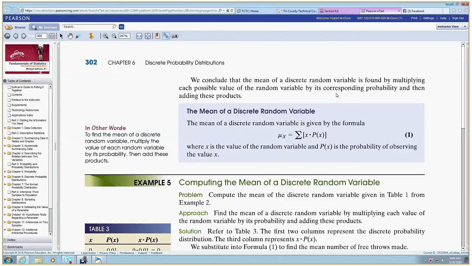Now, do you remember when we had to work with the frequency distribution, we had to find the midpoint? And then we multiplied f times x squared. Well, that was a good practice for this because we're going to do it here too. And the mean is equal to the summation of x times p of x.